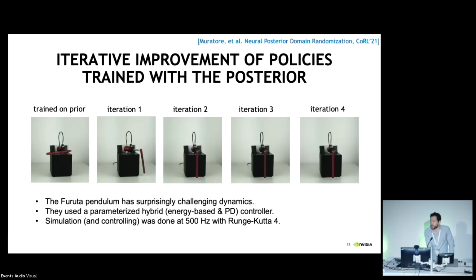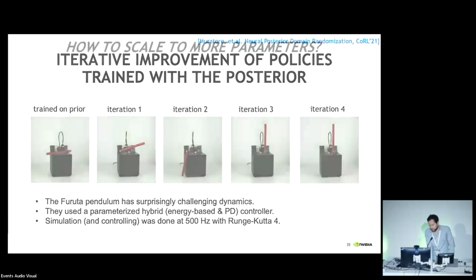Then after the first iteration, you go back, re-estimate the posterior, not that great, and keep going. Iteration 2, 3, it gets much better, and 4, where you can actually balance the system pretty accurately, right? So the message here is we can do pretty well if you can afford going back to the real world a few times.